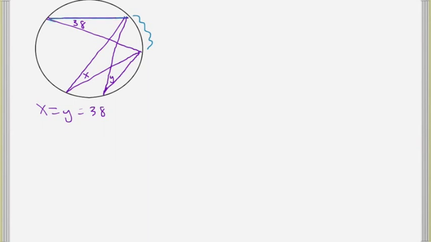So if I trace out the 38, its edges hit right there. If I trace out the x, its edges hit right there. And if I trace out the y, its edges also hit right there. All three of them cut off the same portion of the circle or the same arc. So we had a corollary that said all three of them would then be the same size, because they are all half as big as that arc.